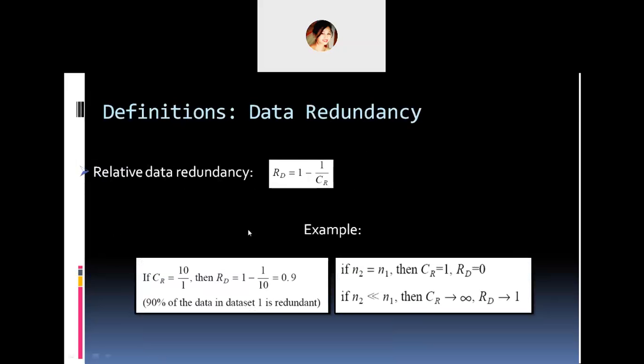So data redundancy means information or data which is no longer useful. It may be stored in the memory, but it is not required. Then relative data redundancy is another term, defined by RD equals 1 minus 1 by CR. What do you understand by relative?